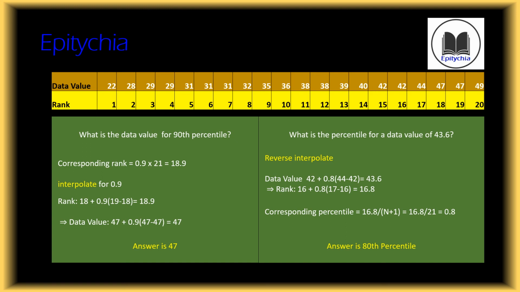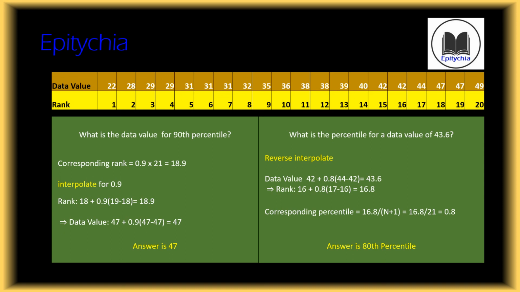So in between where this 43.6 comes, we have to write in this way: 42 plus 0.8 into 44 minus 42 is equal to 43.6. Corresponding values we have to give for rank. That is 16 plus 0.8 into 17 minus 16. The corresponding ranks of 42 and 44 are 16 and 17.